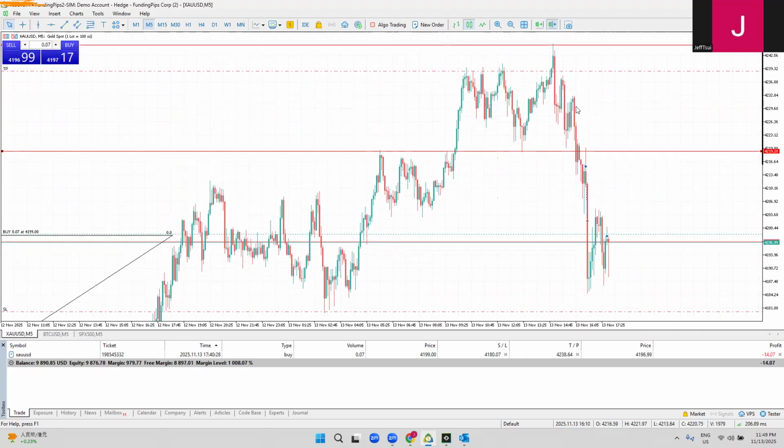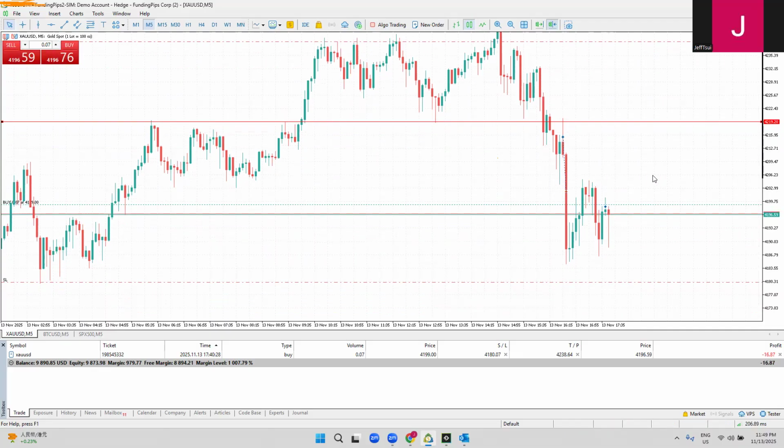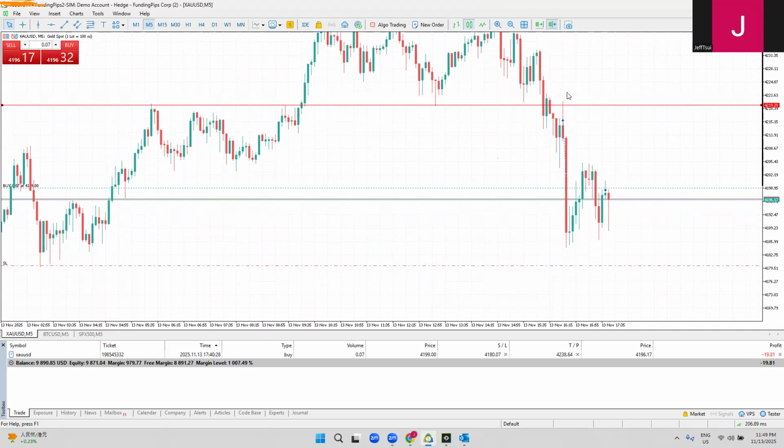And then price went three bars down, and I saw a weak bear trend. First, we can see bad follow through. Second, we can see a lot of rejection to the downside. Probably the bear is not that strong, right?